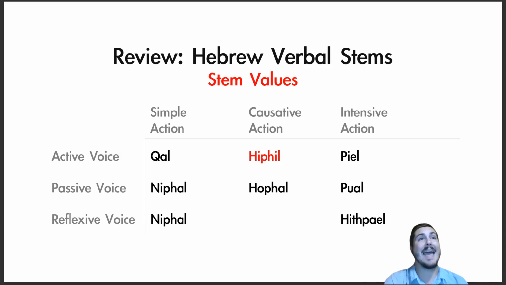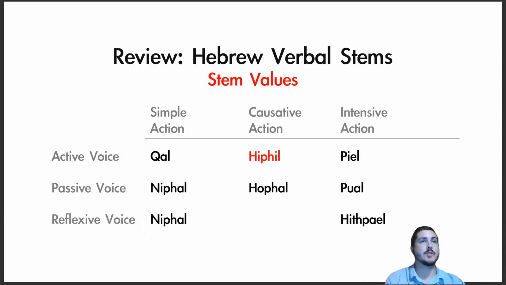Hifil is active, so it's like the Qal in a certain sense, but it's causative. And what that means is that the subject is causing directly this action to happen. It's not something we necessarily have in English. We would say this in English, but we don't bring it out the way Hebrew does.